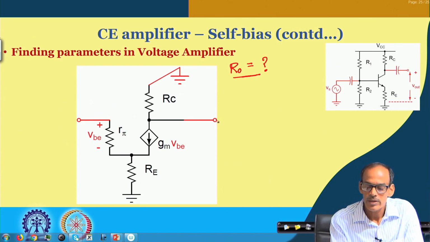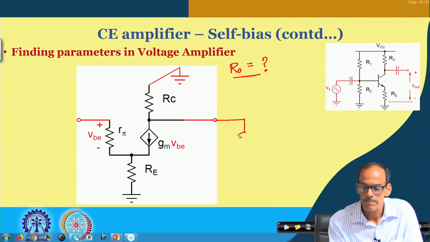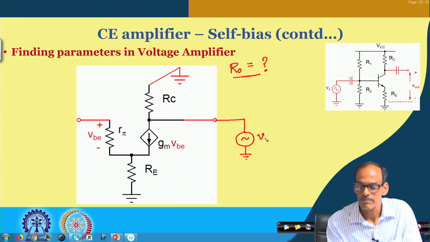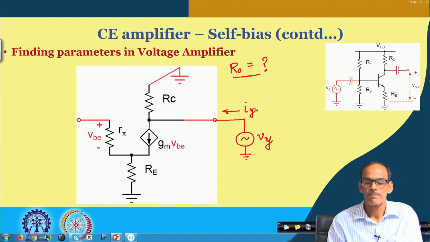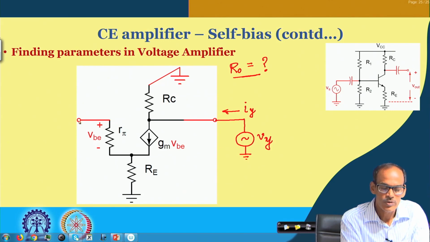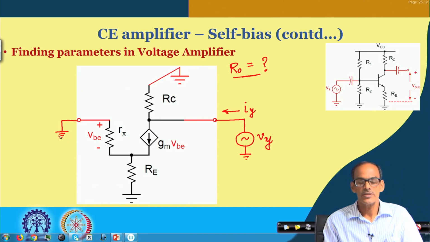Again we will be stimulating this circuit from this port by a signal source called V x or say V y, and then observe the corresponding current, which I mark as I y. And while doing this exercise, we have to keep this signal 0, since it is a voltage signal. So, we are making this ground.